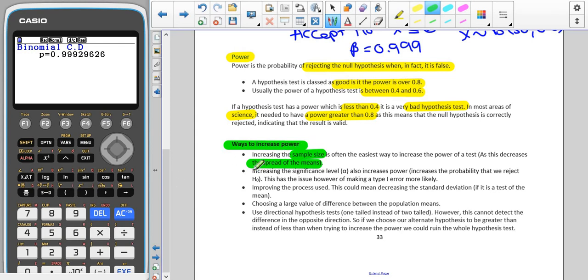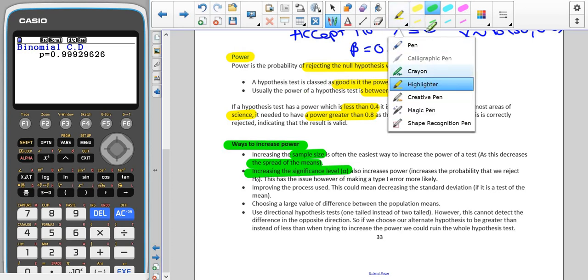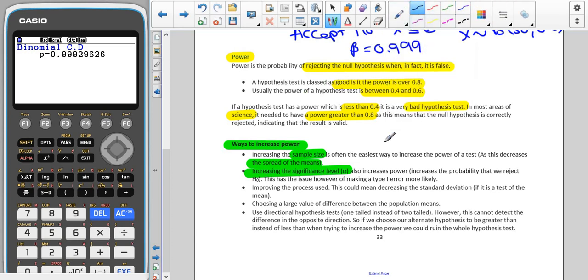Another way to do this is to increase the significance level, which remember is your alpha. This will also increase your power, as when we increase the significance level, we decrease our chance of making a type 2 error. So by this, I am meaning using, let's say, 10% instead of 5%.